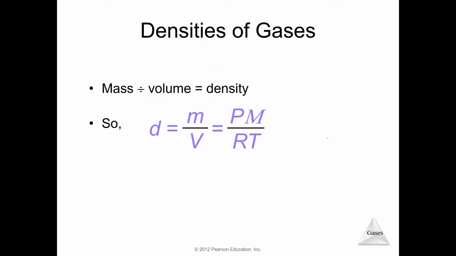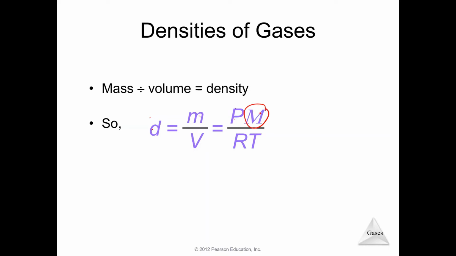So this is the density. We know density is equal to mass over volume, right? We learned that from chapter 1 or 2. Now we introduce another form here, PM over RT. This M is a molar mass. Now you pay good attention. This M is the molar mass here.